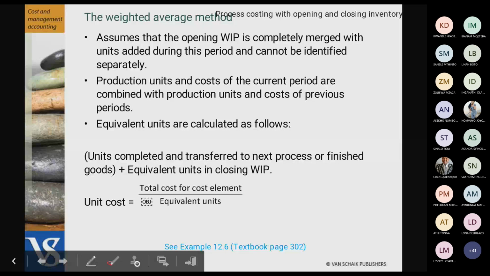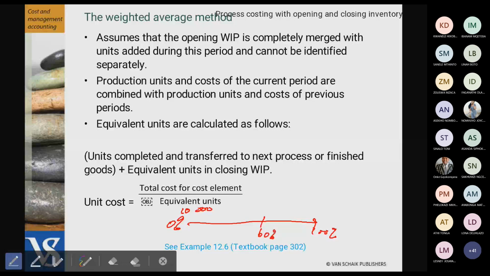If you've got your production line, you must try to make use of it, as it is going to assist you to have a better analysis of what took place in your production. You've got the 10,000 units at the beginning, and at 60%, you've got the 2,000 units. So as this statement says, we assume that the opening work in process is completely merged or combined with the new units.